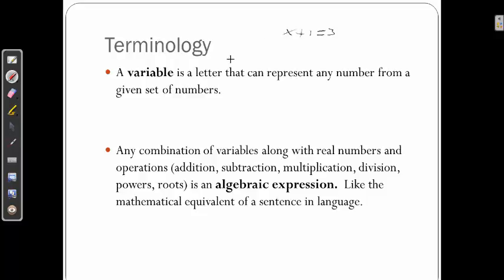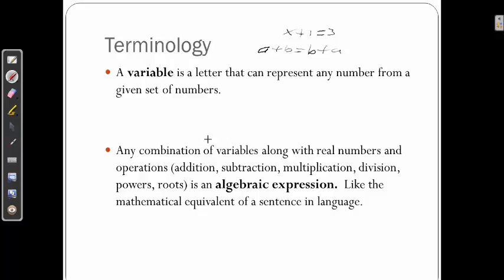But we also use variables just as general elements of a set. Like in P2 when we were talking about the commutativity of real numbers, we let A and B be any real numbers and then said A plus B equals B plus A. So we often use them in conditions or theorems to show certain things about any elements in a set.